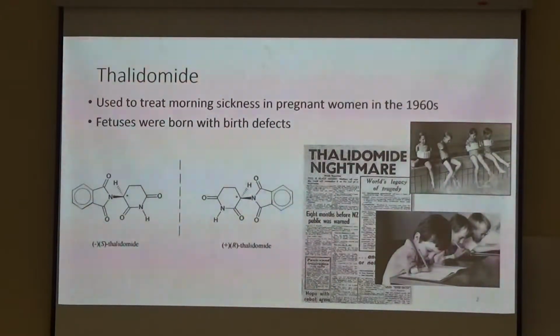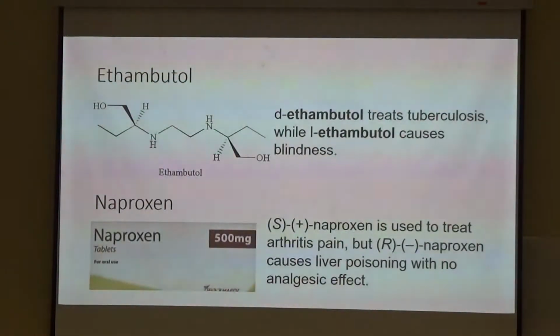On top of this, there are also other medicines whereby you have to use the correct enantiomer of it. If not, it will cause harm to the human body. Like the first one, the intervenol. If you use the correct one, whereby you use the D, then you can treat the illness that you want to treat. But if you use the wrong one, it can cause blindness. So this one, I think it was mentioned previously, is whereby the enantiomer was brought up.